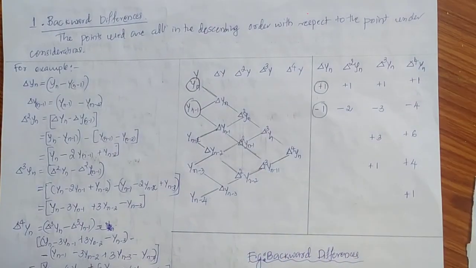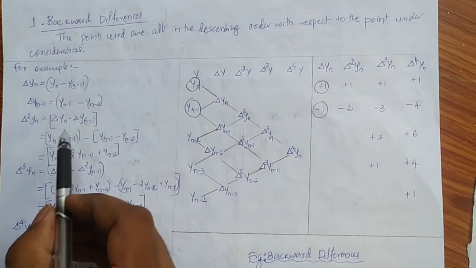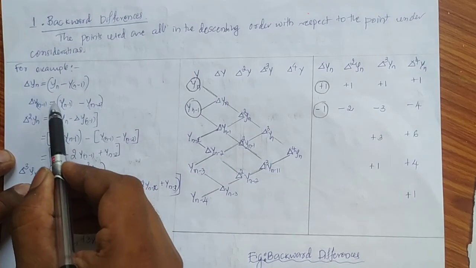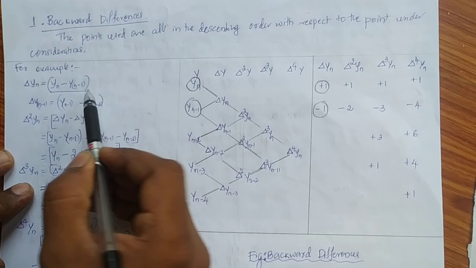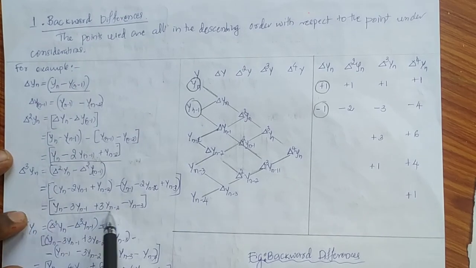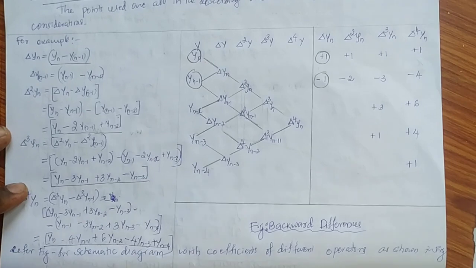Okay. So now, having this chart, you can get these final equations. Whatever these final equations are, this equation and this equation and this equation and also the last one, you can get directly without any difficulty.